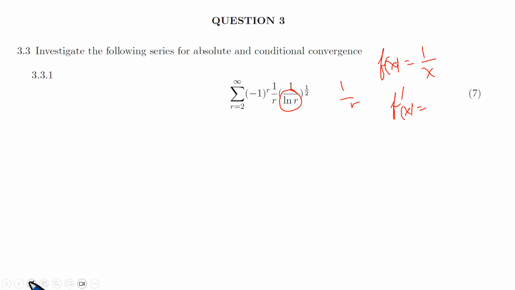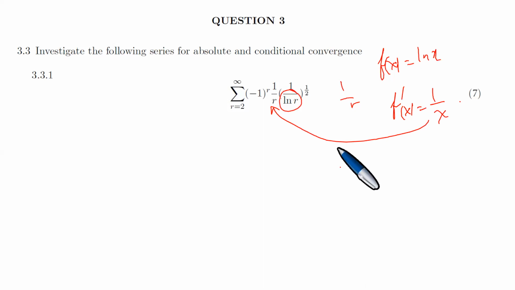So let f of x be the ln of x, and therefore the derivative is 1 over x. Because it's 1 over x, this x is going to cancel this. So this one is going to just be the integral test, or it's going to work.